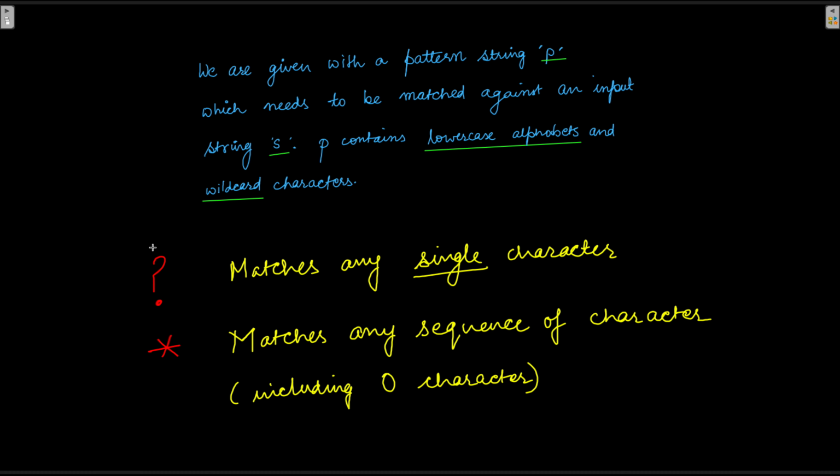One of them is the question mark and the other one is the asterisk. Question mark matches any single character, only one character, and that could be anything. While in the case of asterisk, it matches any sequence of characters, and the number of characters could be 0, 1, 2, 3 or anything.